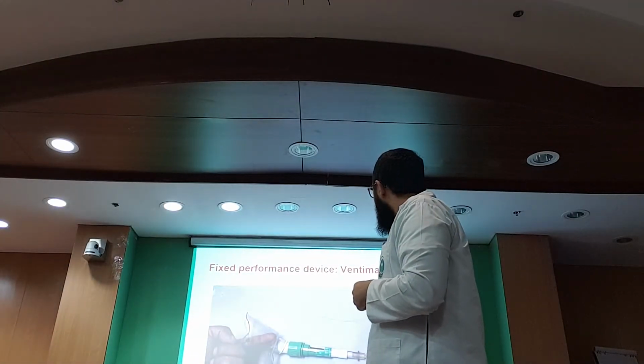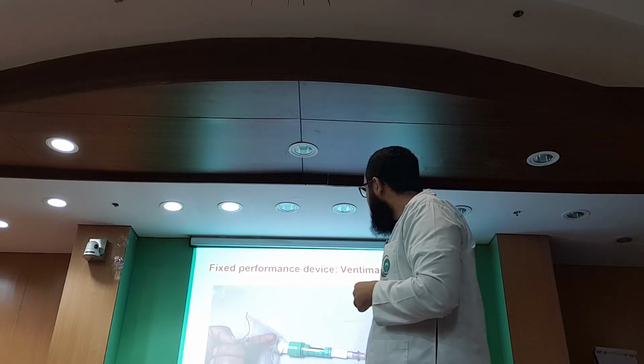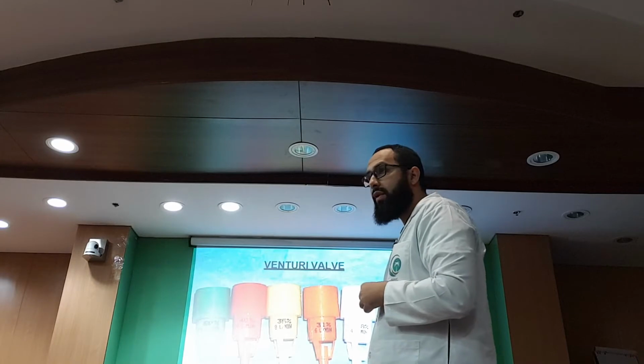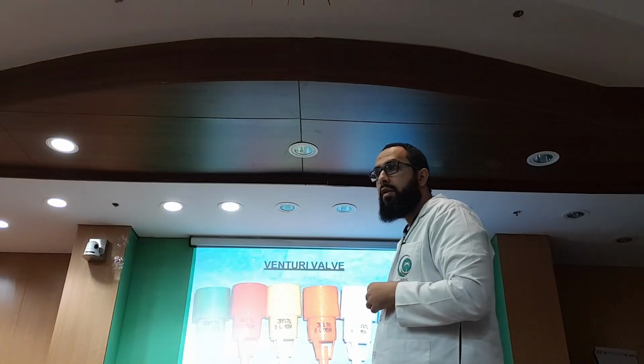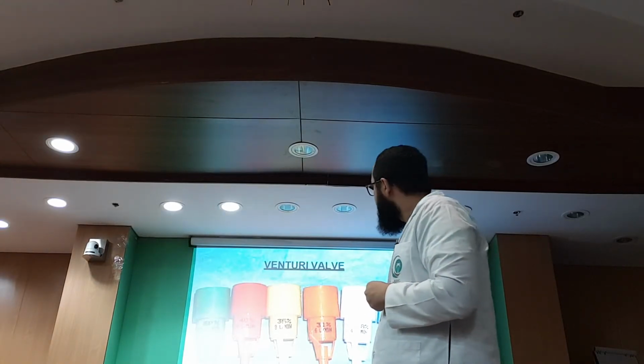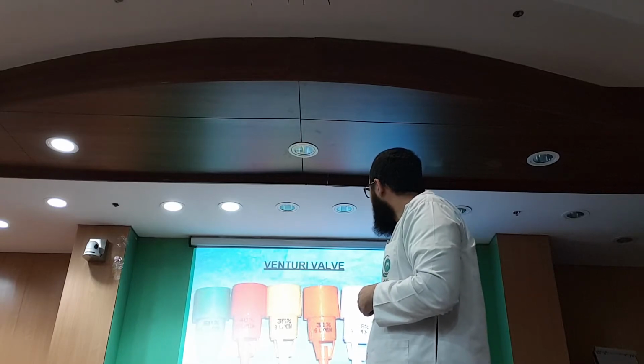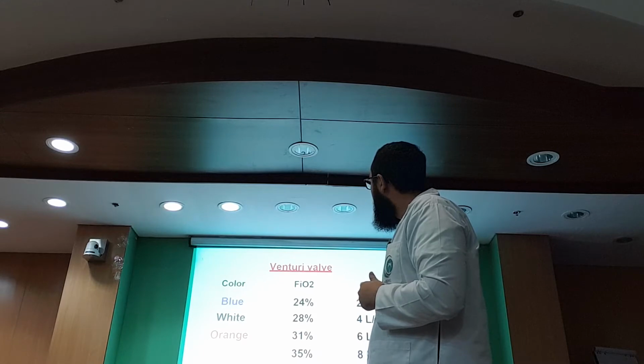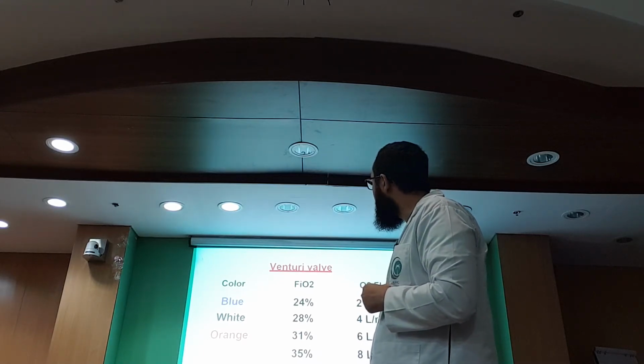Okay? Venturi mask. Venturi mask is called fixed performance. And there are colors. You saw this one before? Yeah? Anybody didn't see this? Each one has a different flow. This one will give you 24% if run at 2 liters.